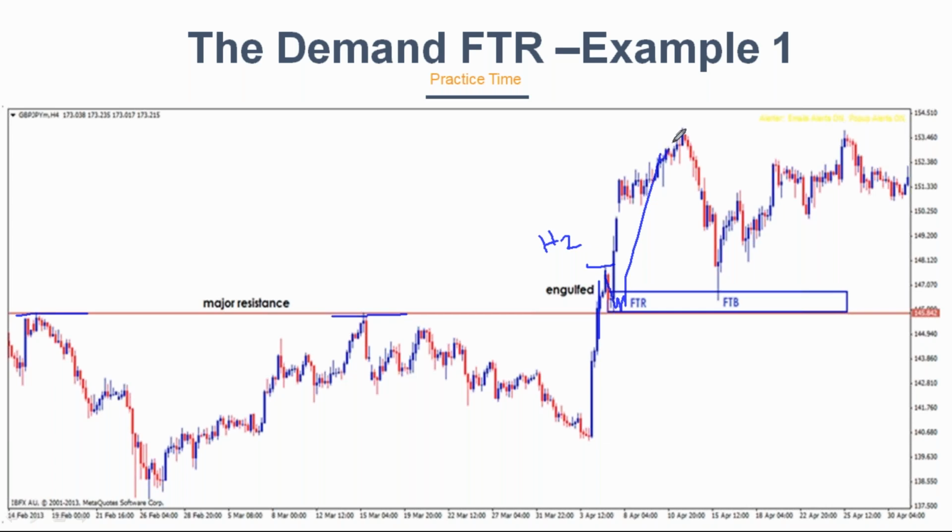From there, when it comes back, this is where we are going to take the trade. This is the proximal line, this is the distal line, and we take it for a reversal trade. This is what FTB is.